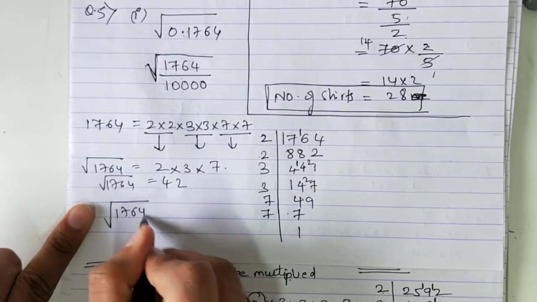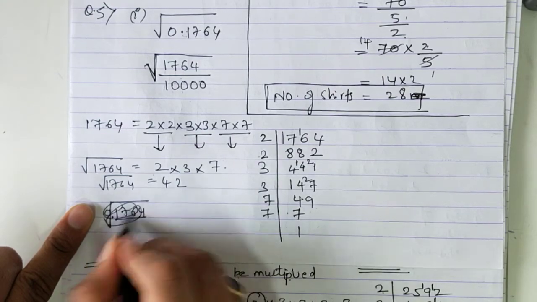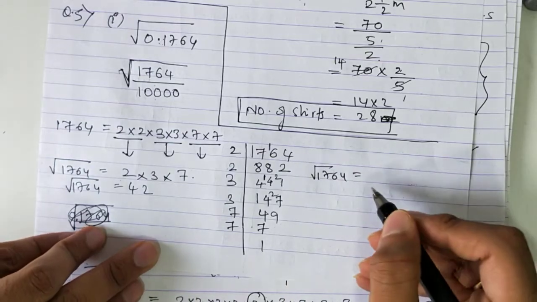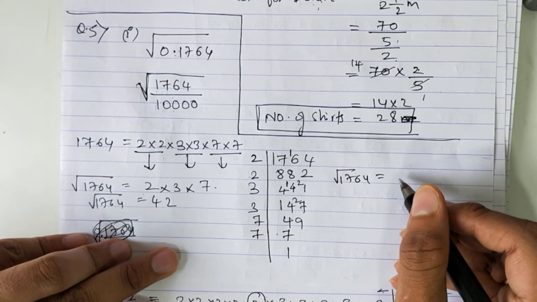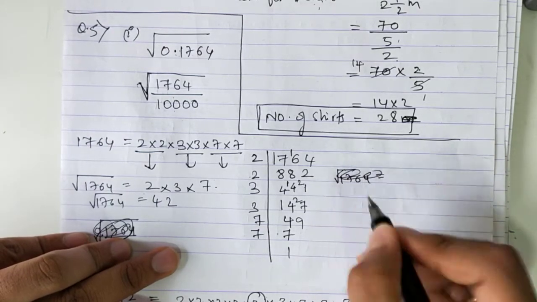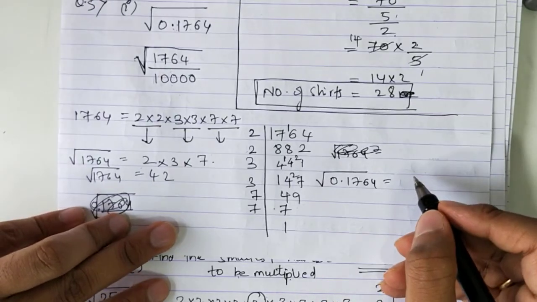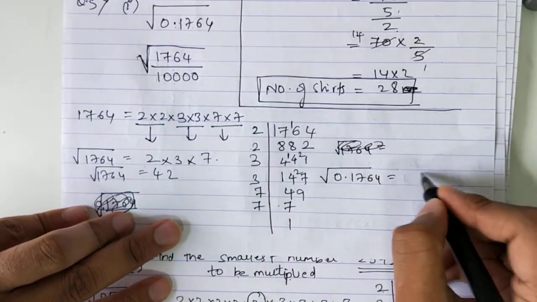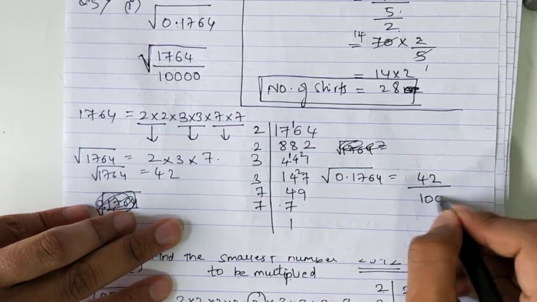the square root of 1764. I'll do it here. The square root of 1764 is 42, and the square root of 10,000 is 100.